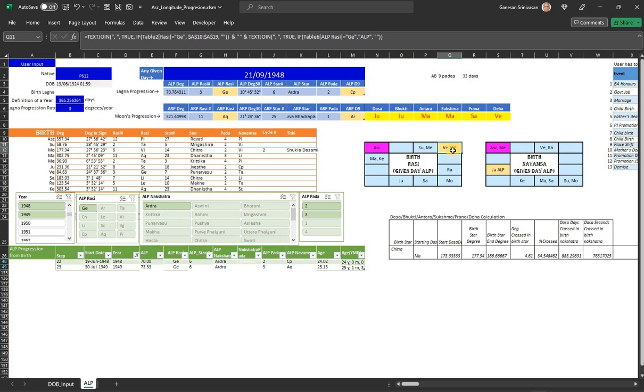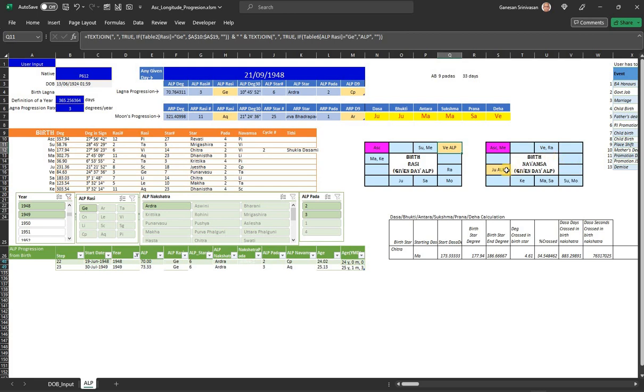The year can be read just with Alp as the Lagna, and also the nakshatras and padas. So during that time Ardra was getting crossed. Ardra is Rahu's. So where is Rahu here? Rahu is sitting here in the house of the 3rd, which is for also procreation in a way. 3rd is supportive of the 5th.